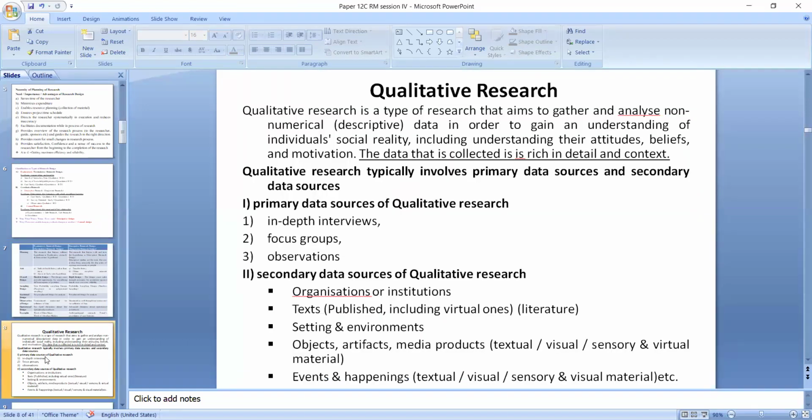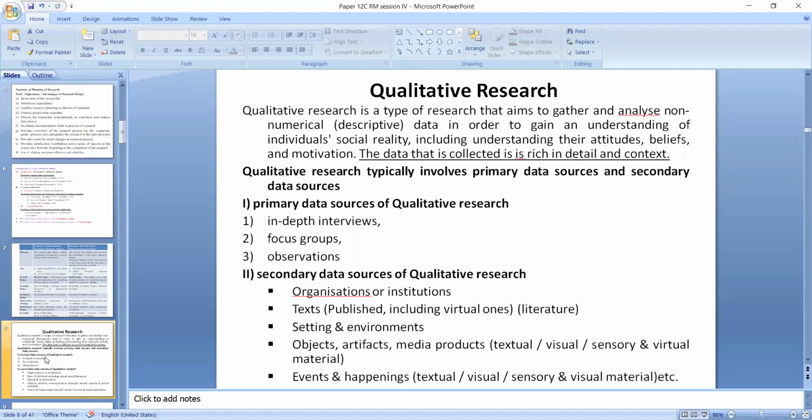So our qualitative research. By now, many of you who have attended consistently or have gone through the PPTs know that qualitative research is the research which is done with the help of research methods or data collected through qualitative methods.